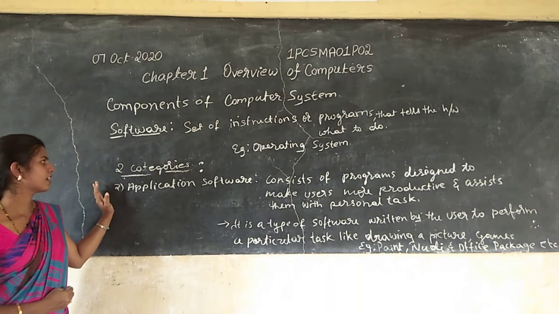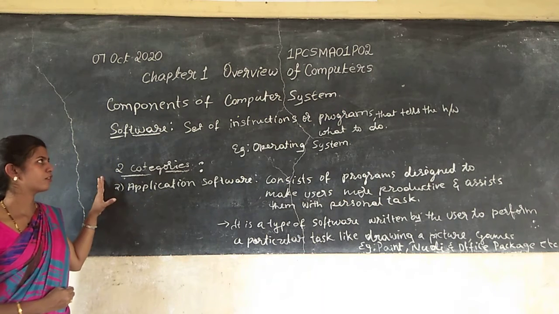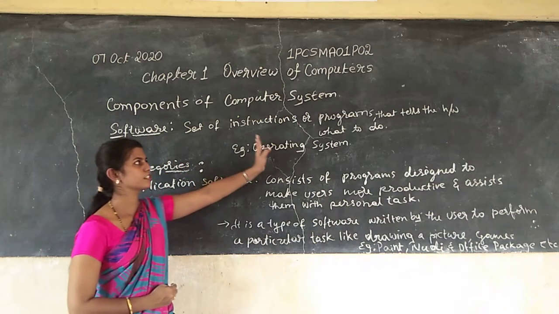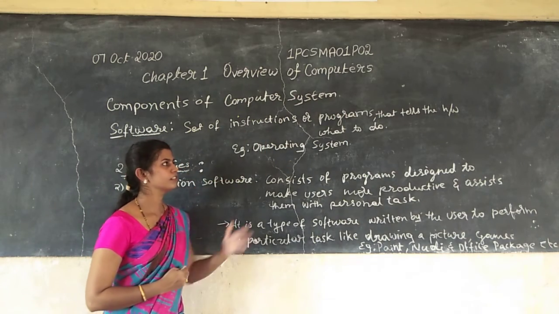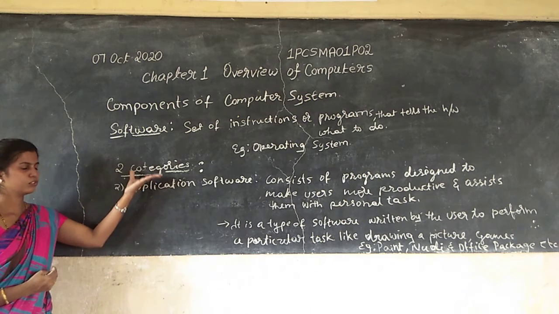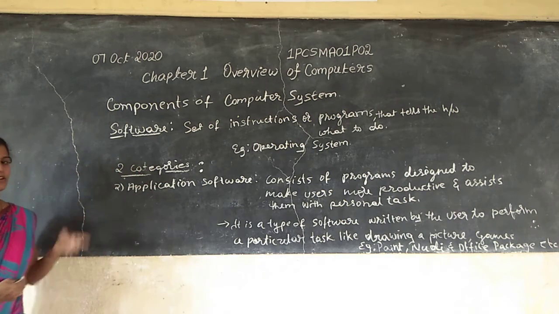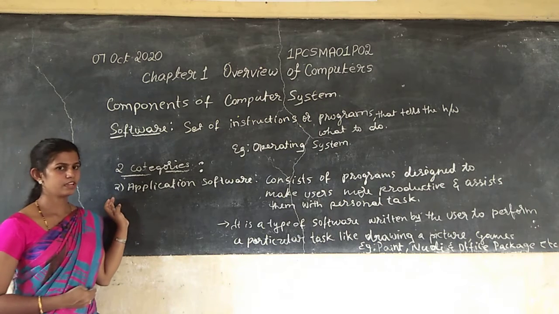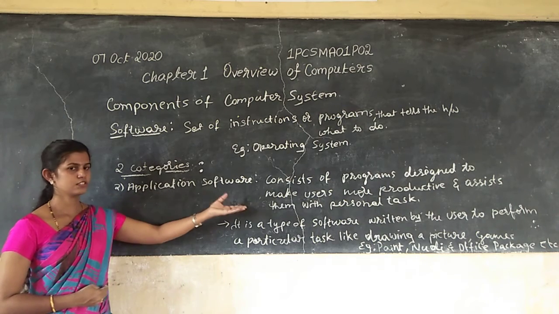So, these are the categories of software. Software is nothing but a set of instructions or programs that tell the hardware what to do. There are two categories of software. First one is system software and second one is application software.